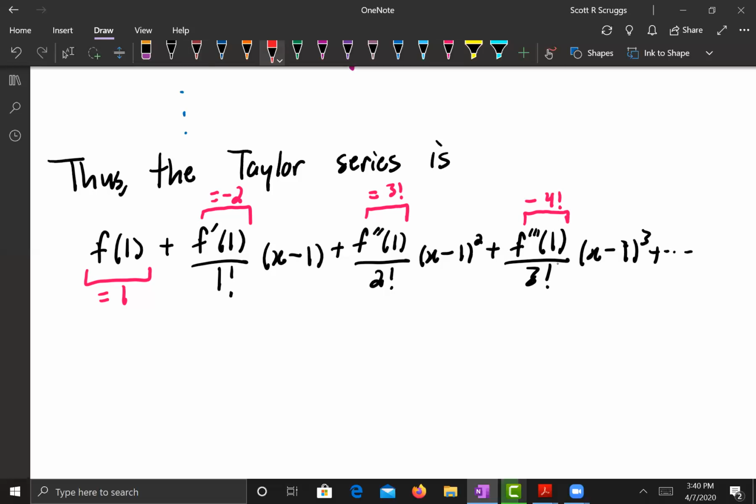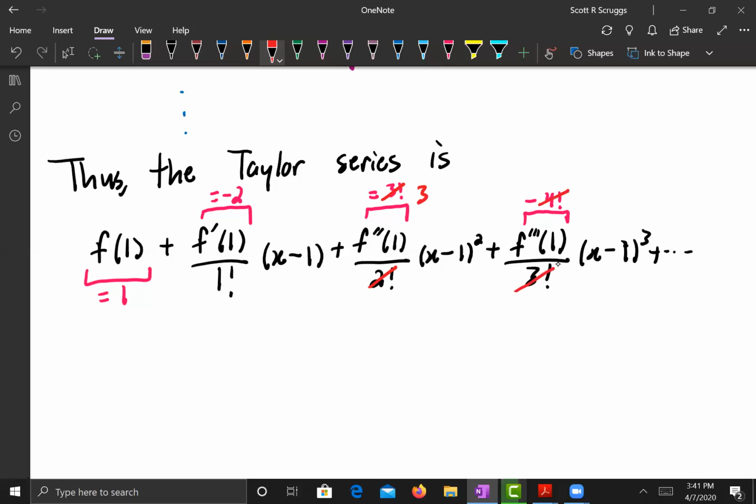But I say we're going to do some cancellation. Because when I substitute in the second derivative at 1, it's going to be 3 factorial over 2 factorial, from what we talked about before. 3 factorial over 2 factorial is just going to give me 3 left behind. Same thing with the 4 factorial divided by the 3 factorial.